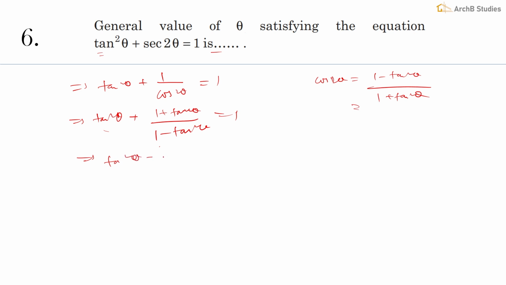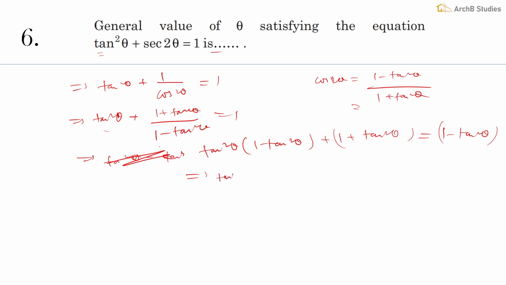Tan square theta minus, now multiply this, tan square theta into 1 minus tan square theta plus 1 plus tan square theta equal to 1 minus tan square theta. Okay, so tan square theta minus tan to the power 4 theta plus 1 plus tan square theta equal to 1 minus tan square theta.